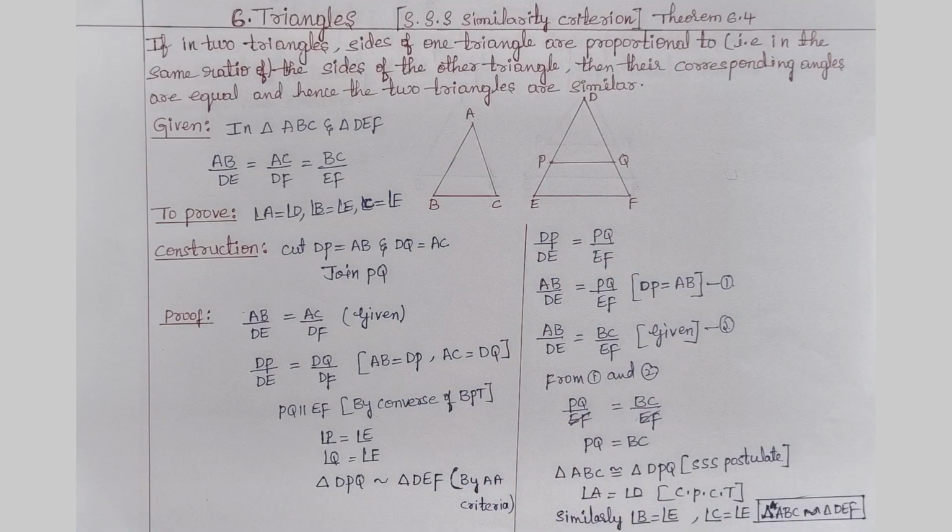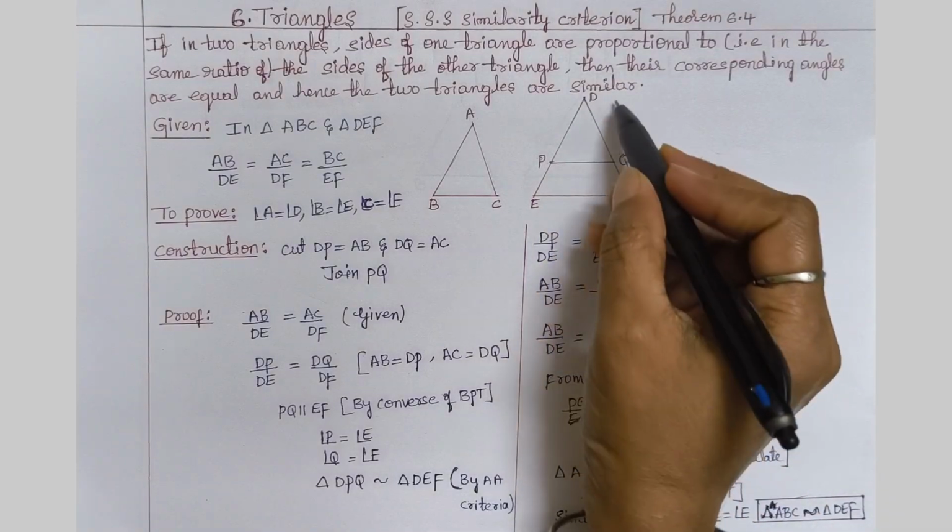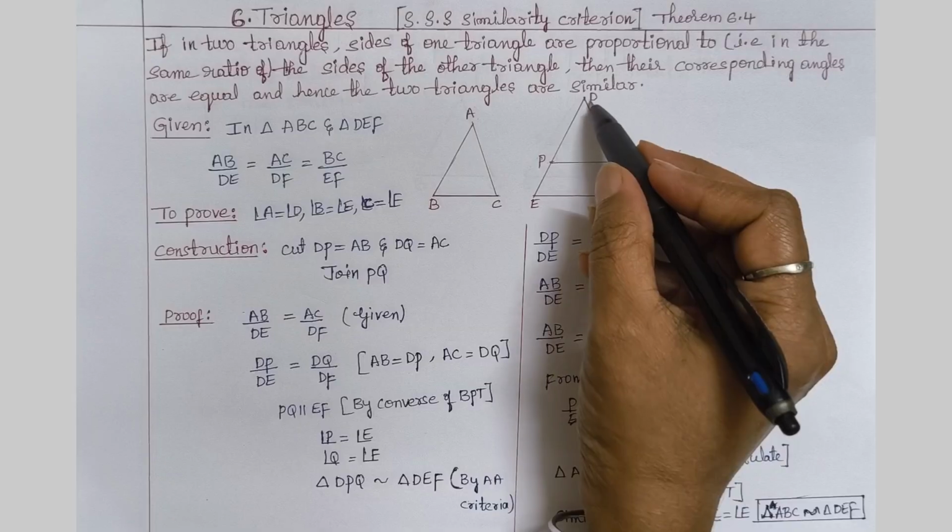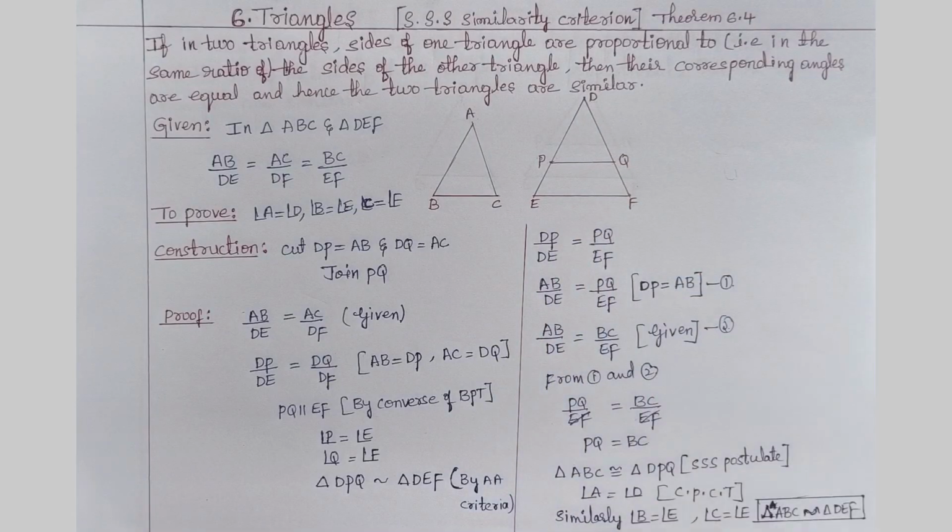Next we will start the proof. Carefully listen. First, we have to prove that triangle DPQ and triangle DEF are similar triangles.